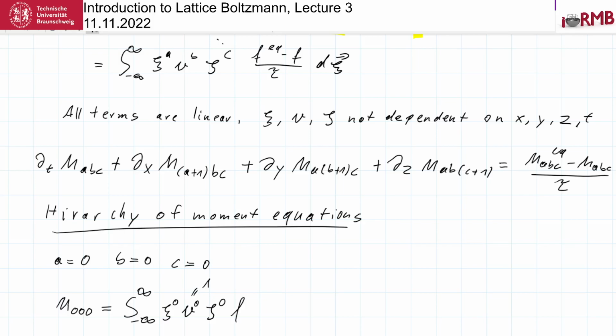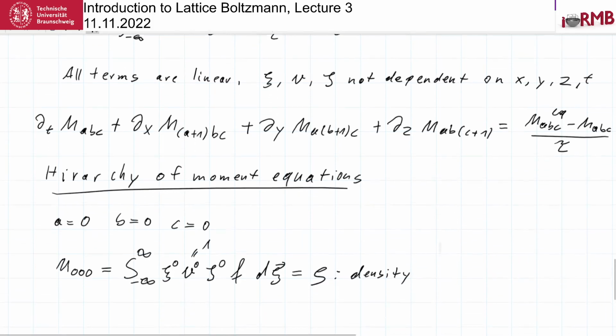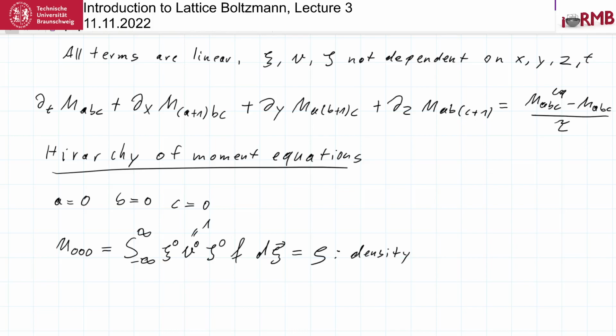So it is the integral over f d-xi, and this is the particle density. In the first lecture I said mass, but it's actually the density.